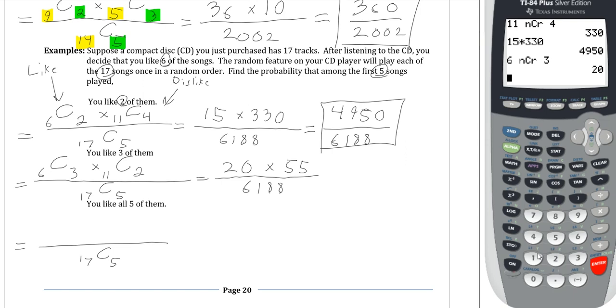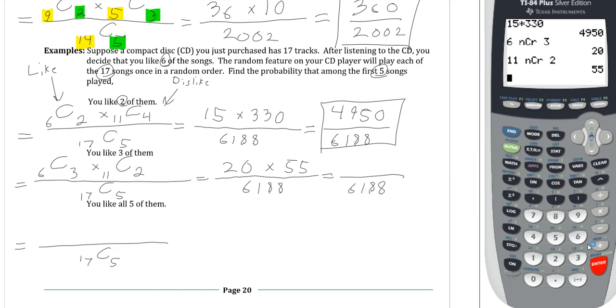And then if you do 11 choose 2, you get 55. For those wondering, when you do enough combinations, you start to remember how to do the multiplications and divisions in your head for the original formula. So it's not anything special.